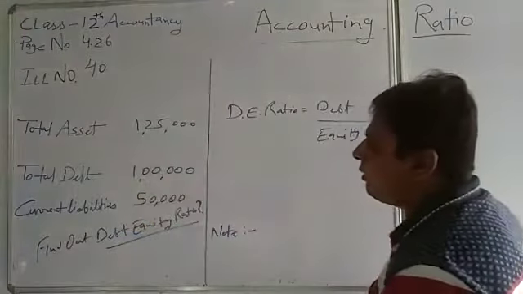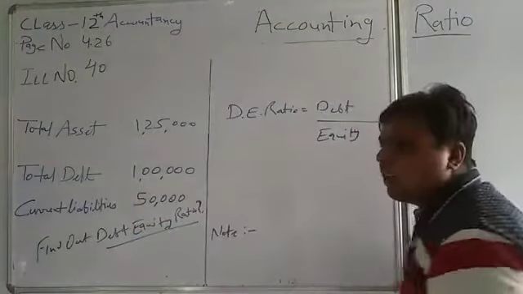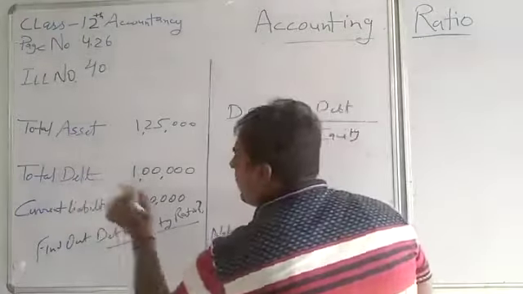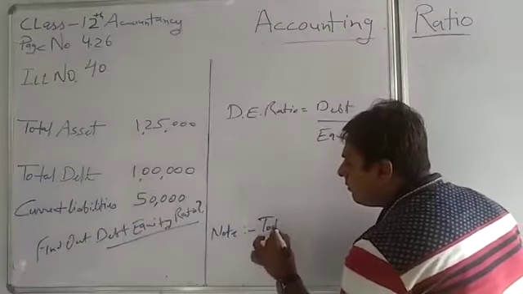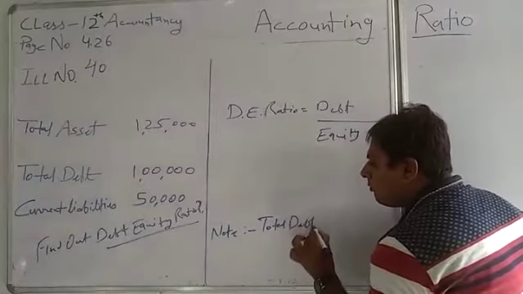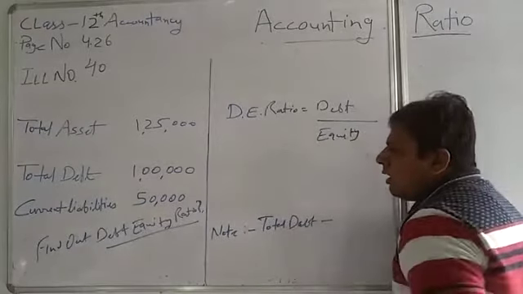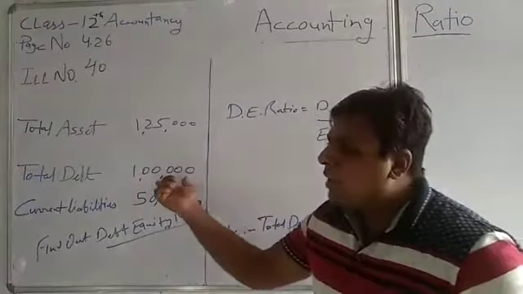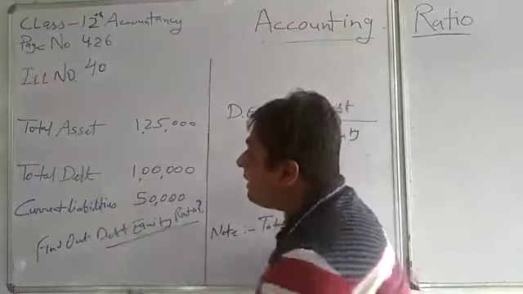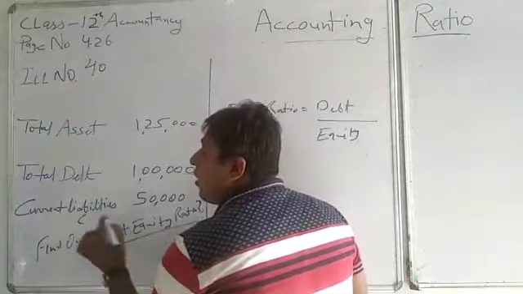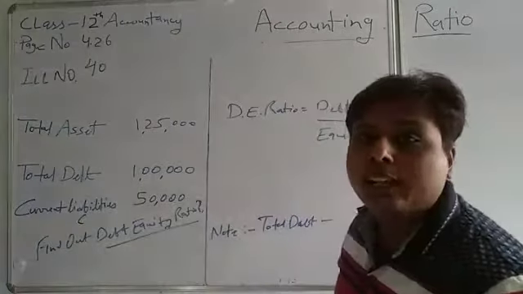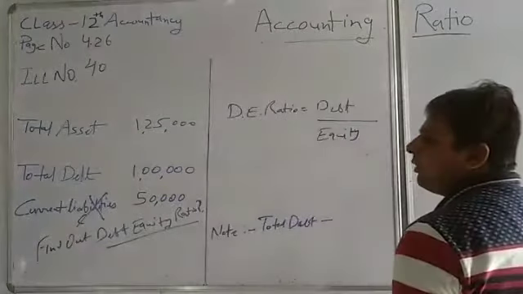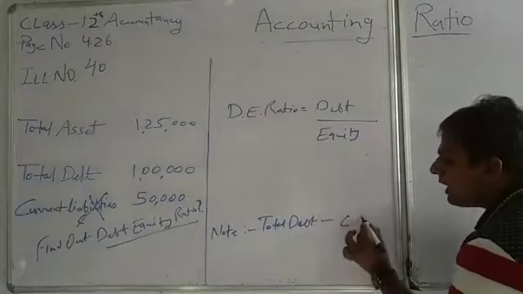We already know that we have to take the long-term liability in our debts. In total debt we have to take the long-term liability. Current liability is also a debt, but it is a short-term debt and we don't have to take the short-term debt. That's why we will not take current liability in it. So I am deducting current liability from it.